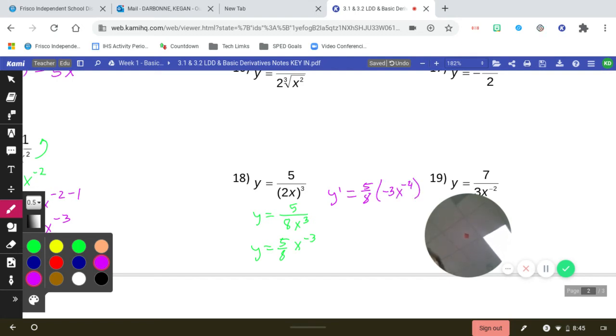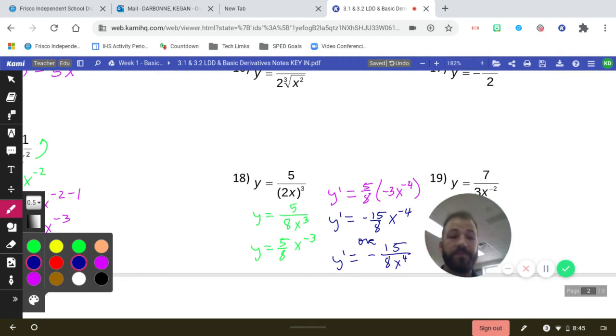Okay, and just like I said, you can leave that there, or you can go ahead and simplify it out. So y prime is equal to negative 15 over 8 x to the negative fourth, or y prime is equal to negative 15 over 8x to the fourth.